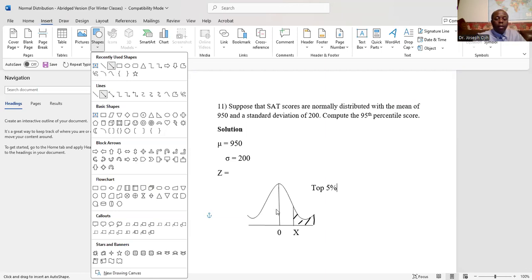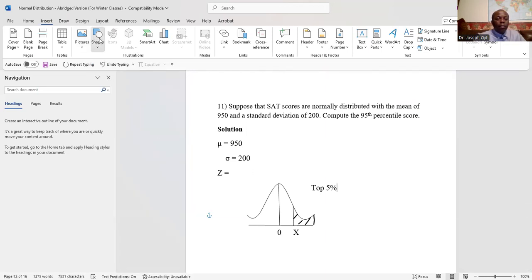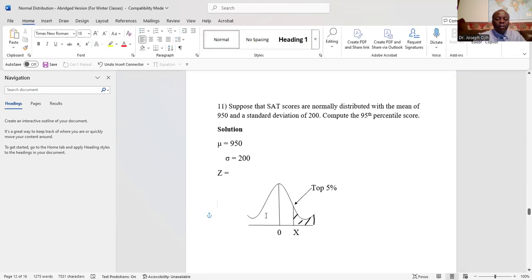This is the cutoff for the top 5%, and 95% of all scores are below that.